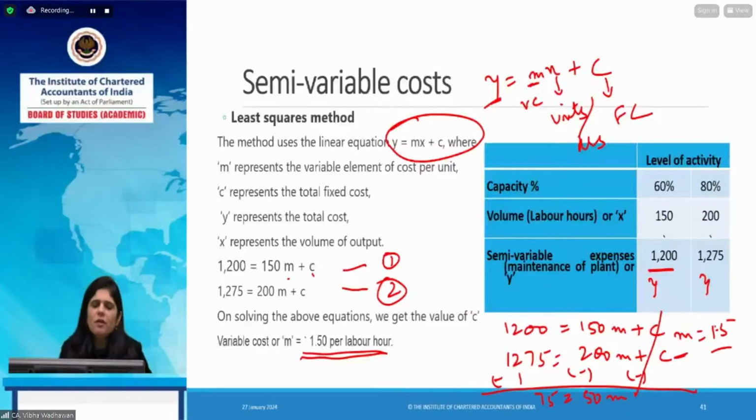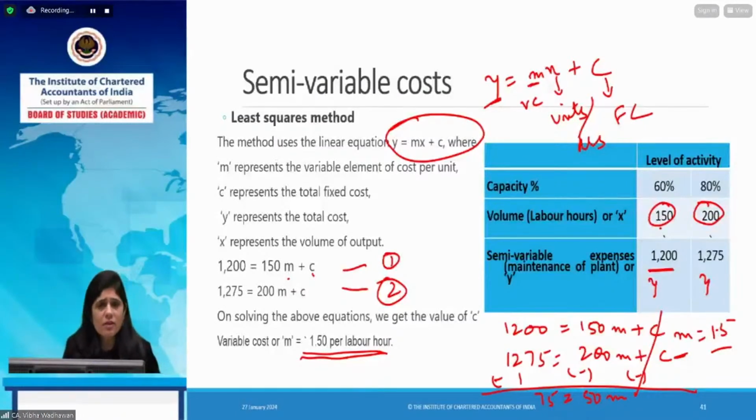So variable cost is 1.5 per hour. You know the hours, so you calculate variable cost first. For 60% level of activity, how much will be the variable cost? 1.50 into 150. Clear? Whatever is the variable cost, deduct it from 1200 and you will get the fixed cost. So this is how we do it through the least square method, the equation method. All right. Y = mx + c.